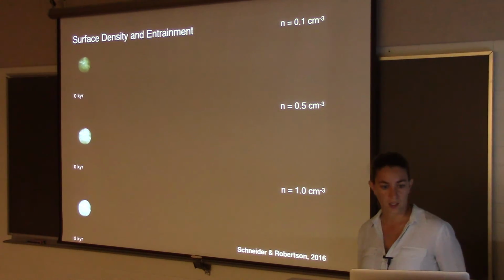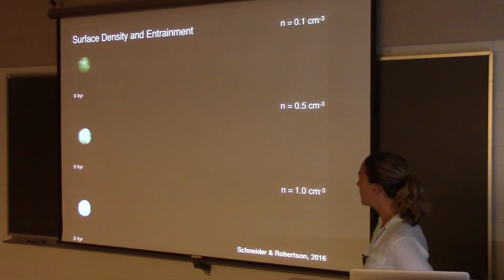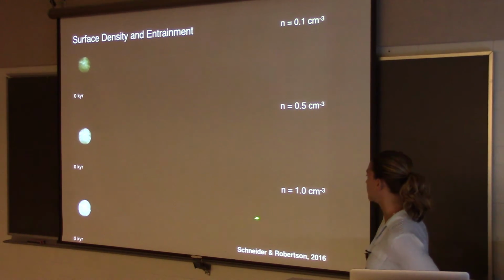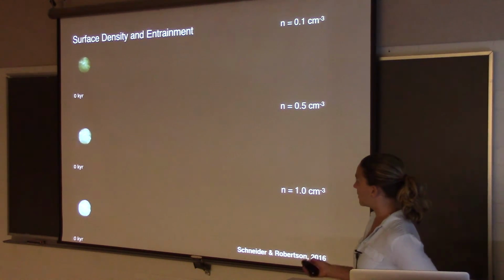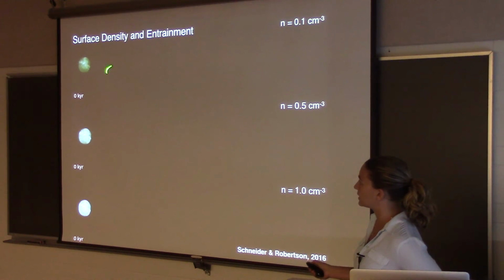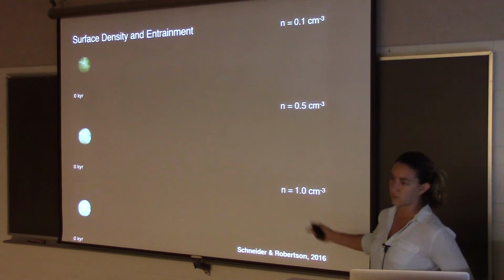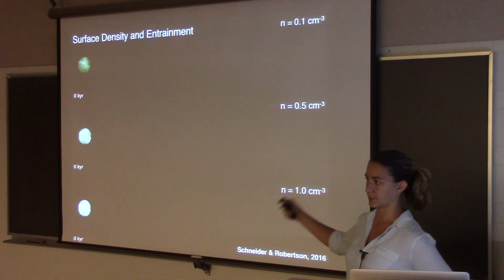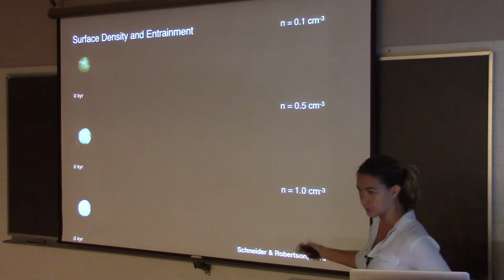We also looked at how the surface density of the clouds affects their evolution. Here I'm showing the fiducial case, n equals 1, going all the way down to n equals 0.1. What you'll see as I start these simulations is that the density is very important, in that when the gas gets shocked, some of it in the turbulent cloud is able to reach densities that allow it to cool very rapidly, and that's going to extend its lifetime a lot.